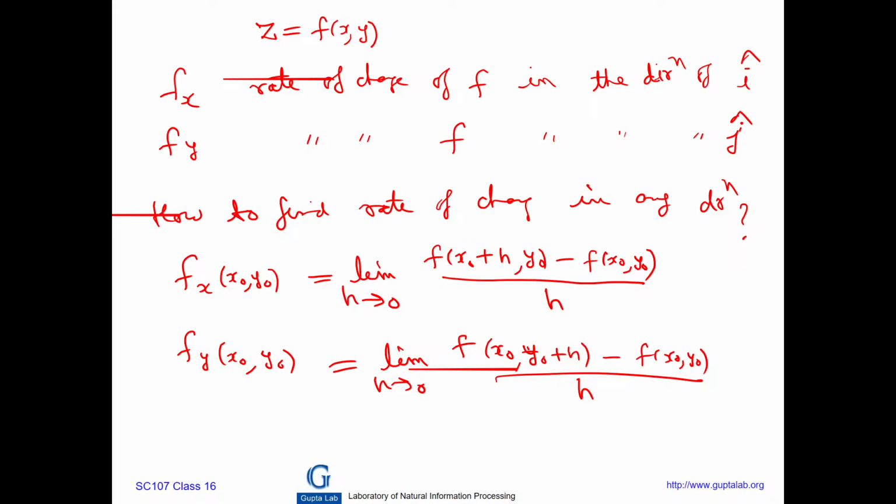I want to now define the differentiation of f at x naught comma y naught. So at a point x naught, y naught we want to find the differentiation along a unit vector u. So u is a vector a comma b, an arbitrary unit vector actually. You can see that if we put u is equal to i, this is 1 comma 0, and j is equal to 0 comma 1, right?